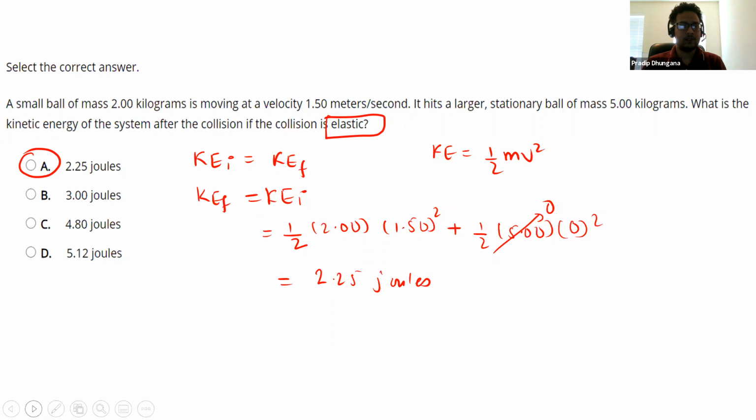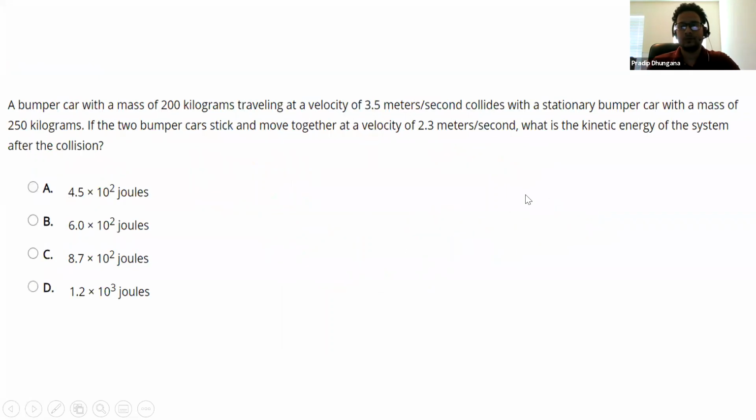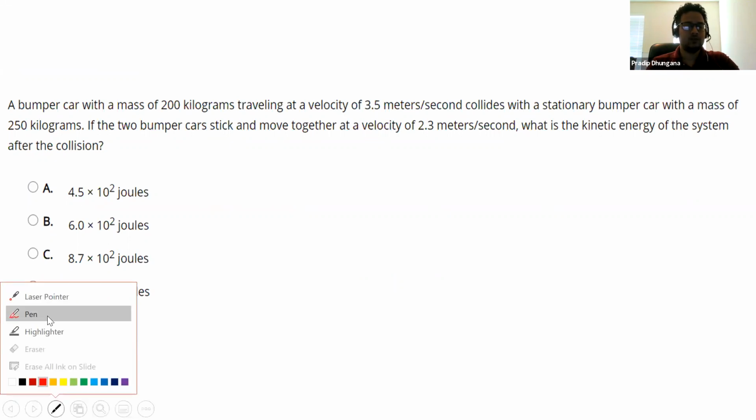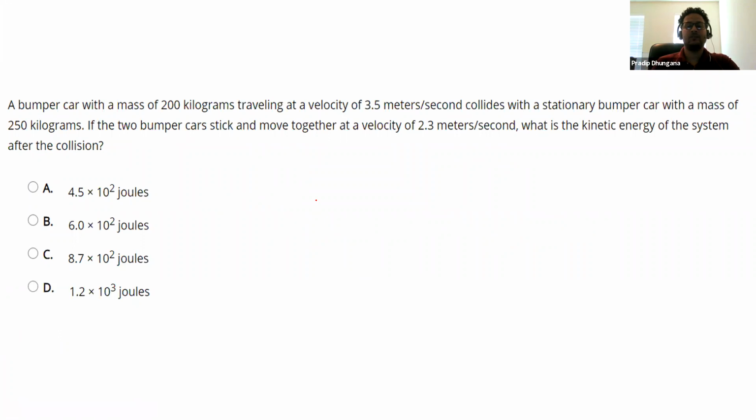Now let's complete at least one more problem. And these are all the questions from your quiz or mastery test, okay? So once you follow it, you should be able to work on those problems. The question is: a bumper car with a mass of 200 kilograms traveling at a velocity of 3.5 meters per second collides with a stationary bumper car with a mass of 250 kilograms.